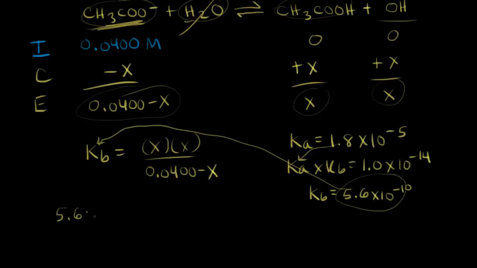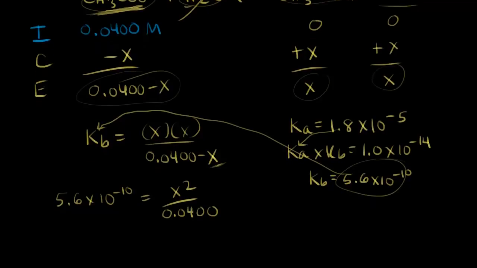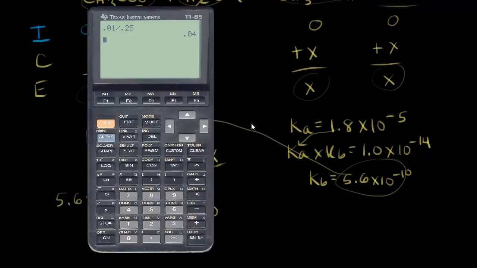So we get 5.6 times 10 to the negative 10 is equal to x squared over. Here we make the assumption, like we did in all the earlier videos, that x is a very small number. It's a very small concentration. So 0.04 minus x is approximately the same thing as 0.04. So we write 0.04 in here. And next we need to solve for x. So let's take out the calculator.